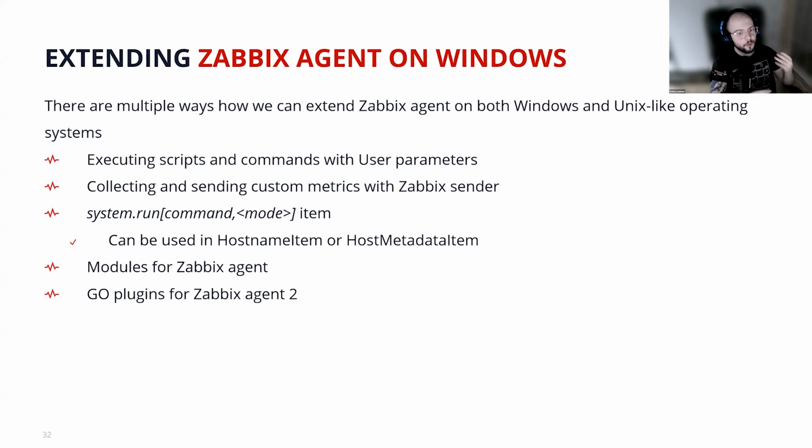We have the system.run agent item that can execute any command or script. And this can also be used to populate your host name item or host metadata item, as opposed to user parameters. We can create new modules for the C agent, and we can create new plugins for the Go agent if you can write code in C or Go.